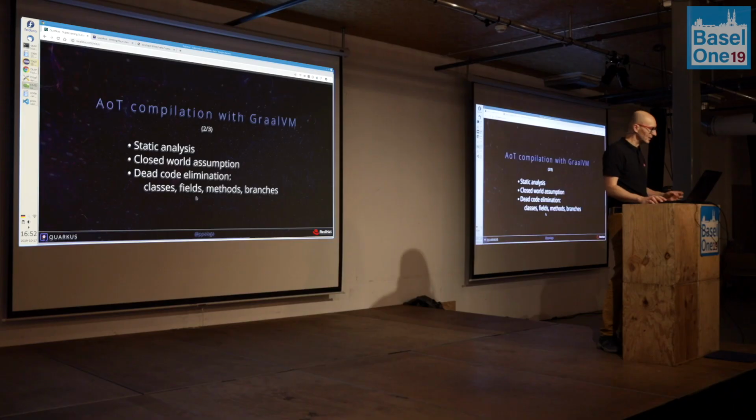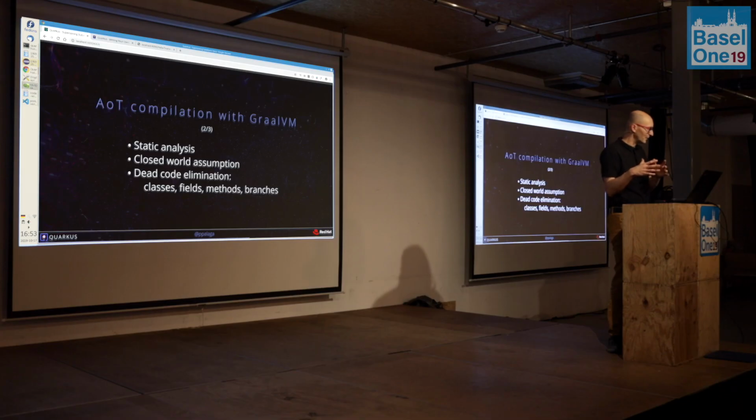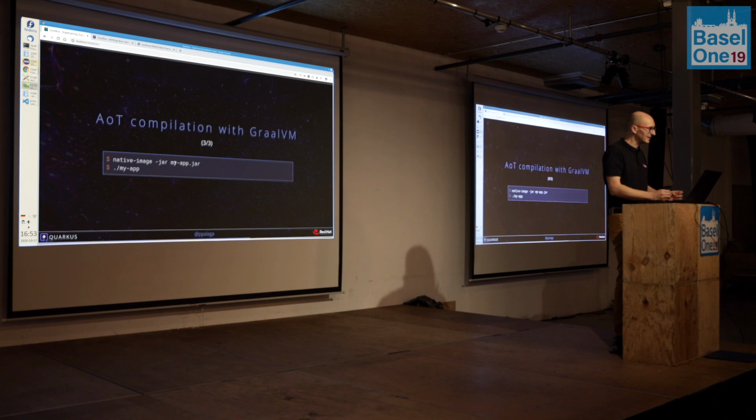The answer is it's making this closed world assumption. It means that at build time, every single piece of code that is going to be available needs to be known. This is a very strong assumption, a limitation, that has lots of unpleasant consequences, but it also has lots of benefits.